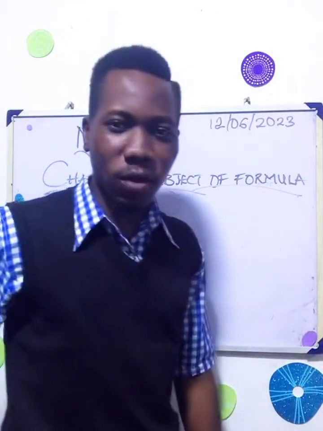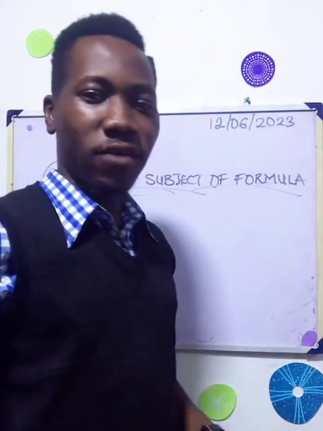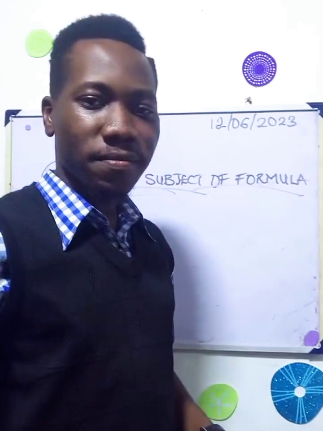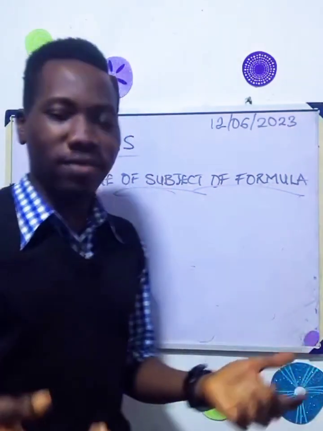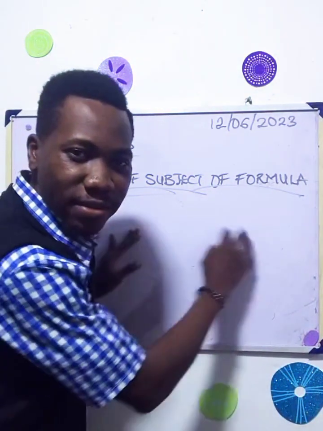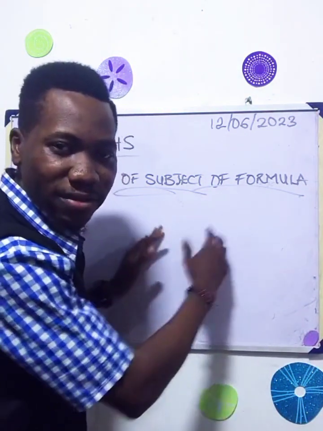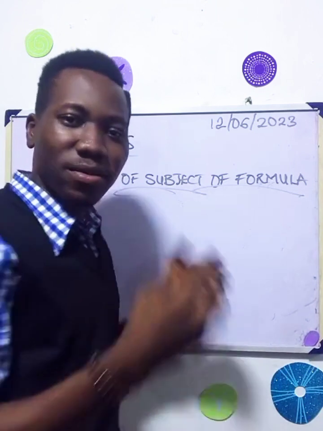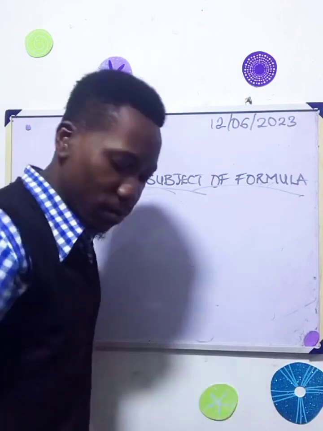What is a formula? So a formula is basically an equation that contains variables, that contains letters, and these letters represent variables. Let me write.